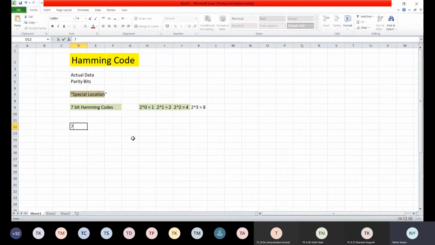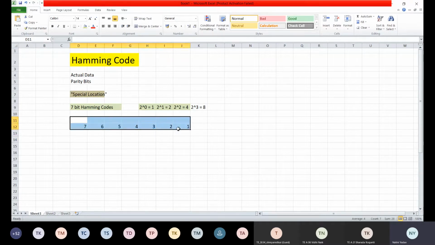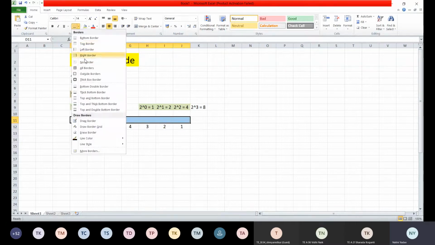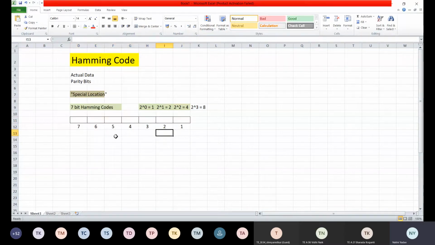So this is my 7th position, 6th position, 5th position, 4th position, 3rd position, 2nd position, and 1st position. So these are all my positions. Now let's have the squares of these.